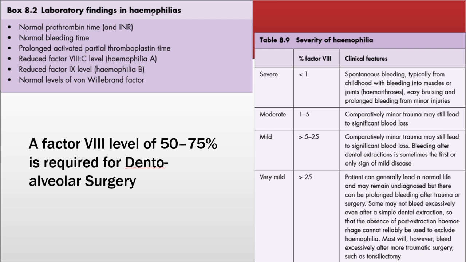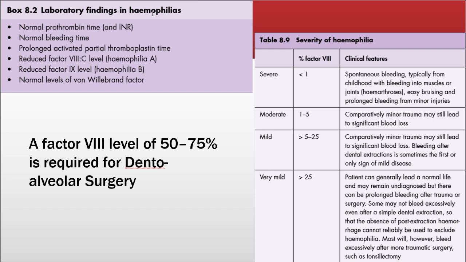Now, moderate, between 1 to 5%, and here we will have significant blood loss. Severe, less than 1%, and 60% of patients with hemophilia A are in the severe stage.